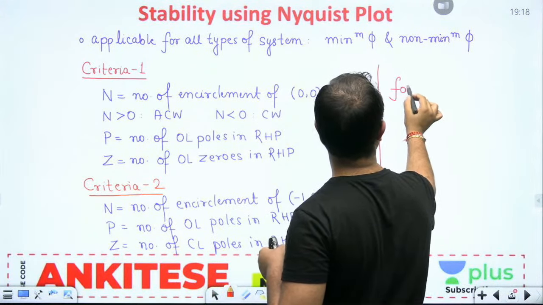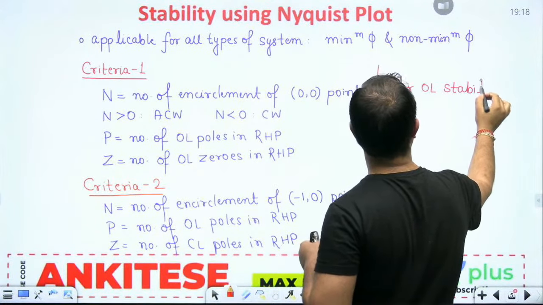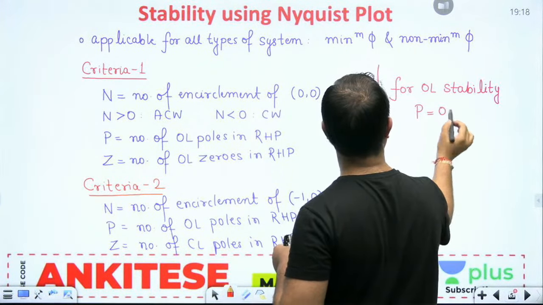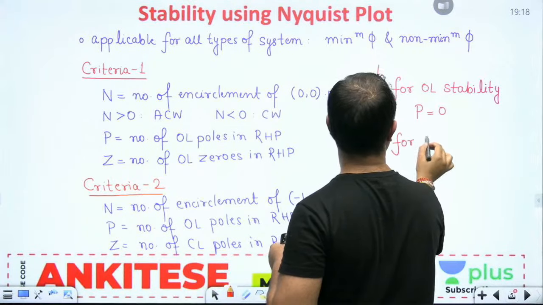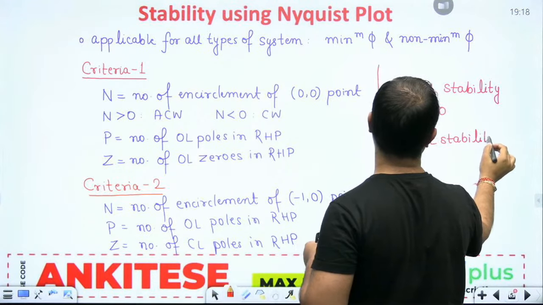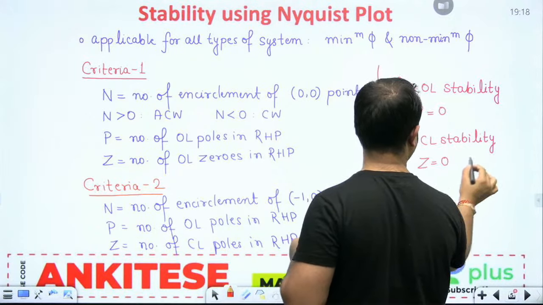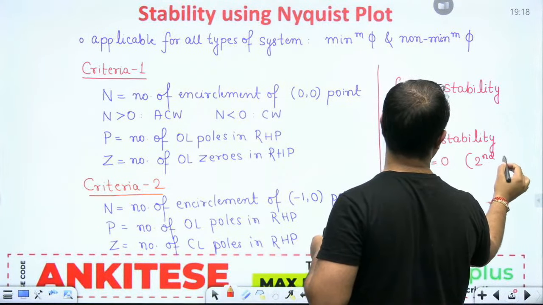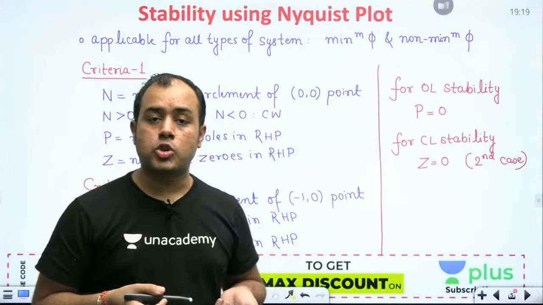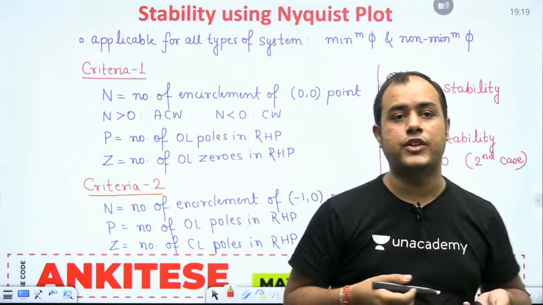For open loop stability, P is equal to 0, and for closed loop stability, Z is equal to 0 in the second case. So you can judge the stability of both open loop and closed loop system just by looking at the Nyquist plot of the G(s)H(s) transfer function.